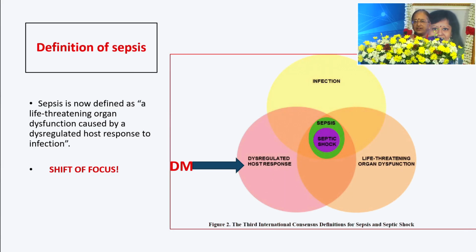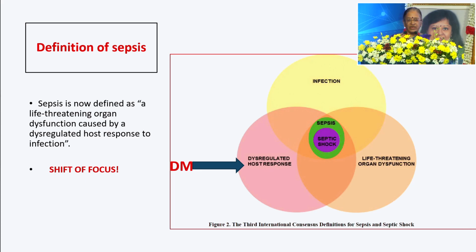So what is the definition of sepsis? According to the third international consensus definition, sepsis is now defined as a life-threatening organ dysfunction caused by a dysregulated host response to infection. So not just the presence of infection, but you must have a dysregulated host response.